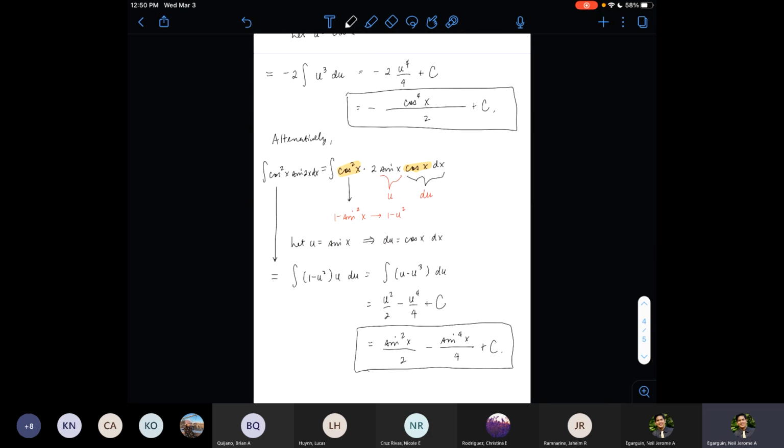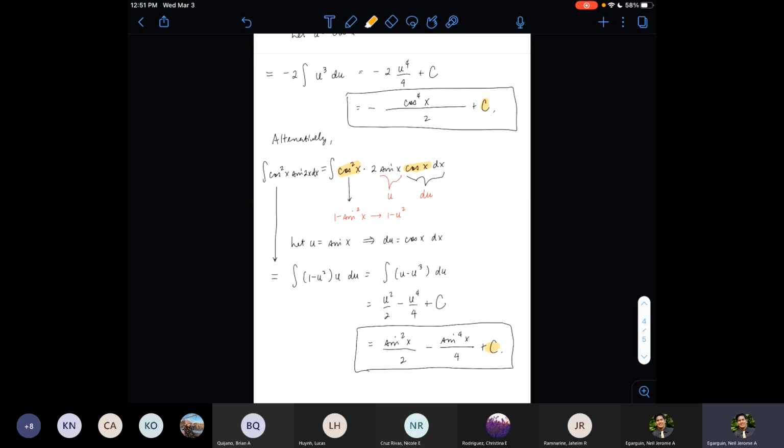Both are correct. They are not necessarily equal because remember you have plus c's here. So their difference might be an arbitrary constant, but that's fine, because if you remember, two antiderivatives always differ by a constant. So these are two perfectly acceptable answers that are not equal to each other.